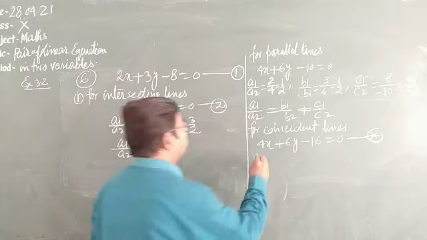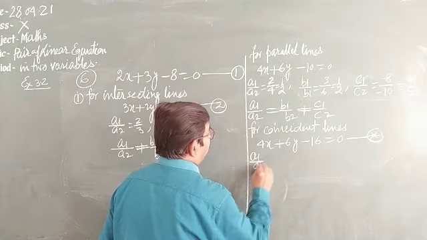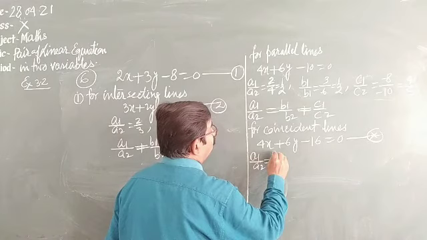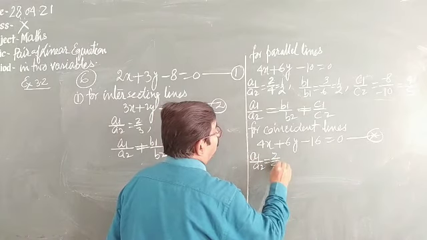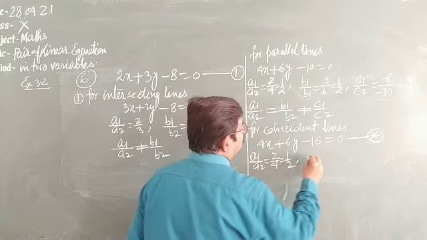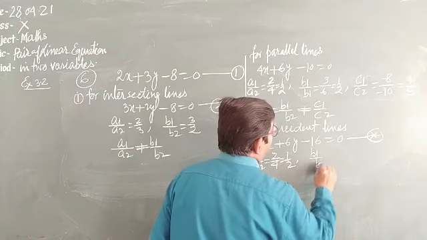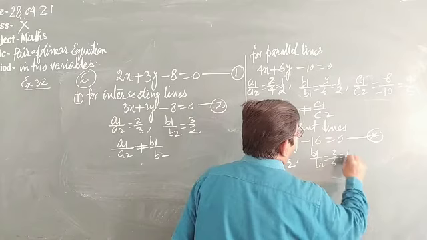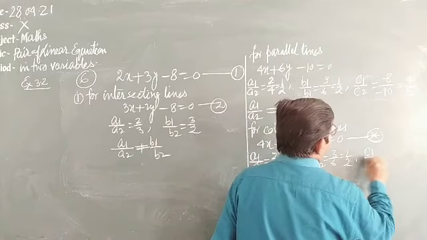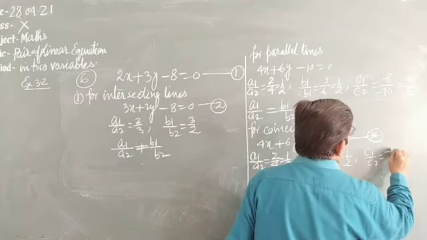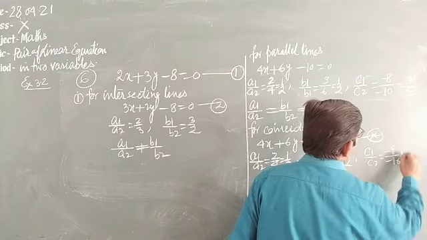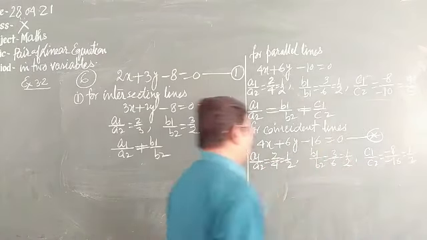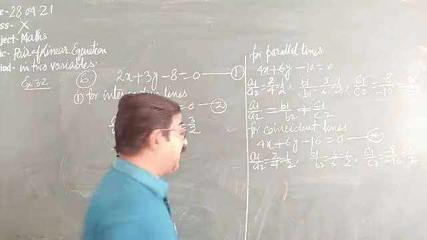So see, a1 upon a2 is equal to 2 upon 4 is equal to 1 upon 2. b1 upon b2 is equal to 3 upon 6 is equal to 1 upon 2. c1 upon c2 is equal to minus 8 upon minus 16 is equal to 1 upon 2. So all ratios are the same.